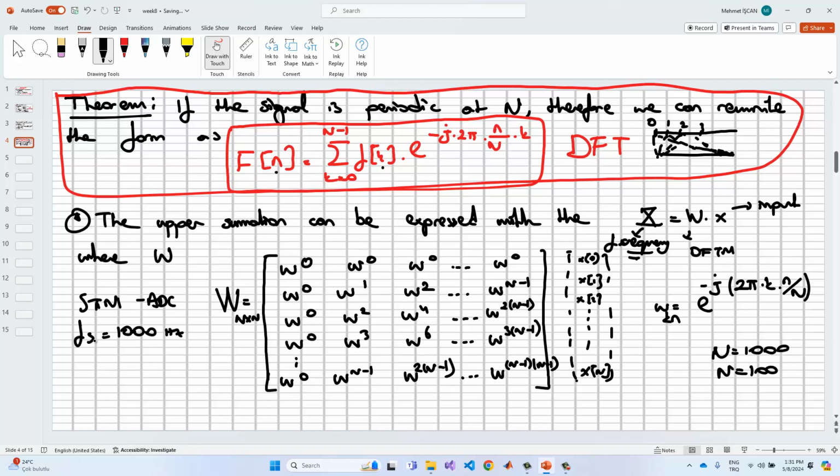And so what is the meaning of this? If you are using a sampling rate of 1000, then based on the Nyquist criterion, you possess 500 Hertz frequency components in here. Okay? And if you have this matrix and you know that Fs is 1000 Hertz, then you can scale the whole algorithm based on this information.